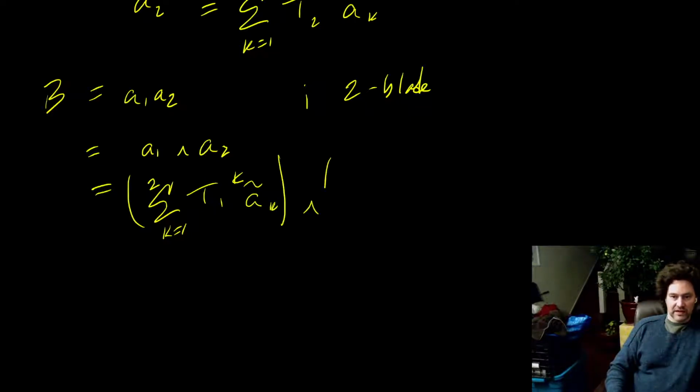and wedge that with, let's pick a different index variable, so we'll take a j and a j tilde.